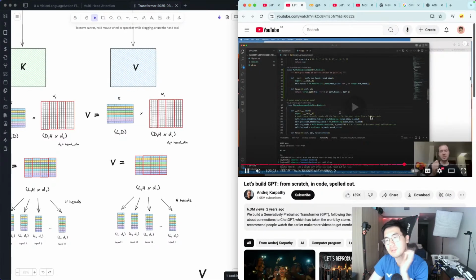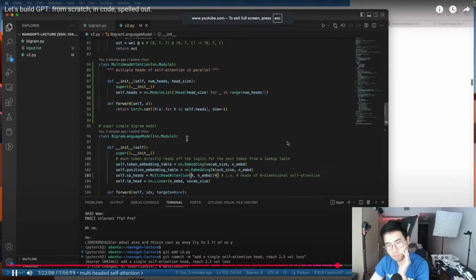So these are the heads. We now have 4 communication channels in parallel, and each one of these communication channels will typically be smaller correspondingly. Because we have 4 communication channels, we want 8-dimensional self-attention.